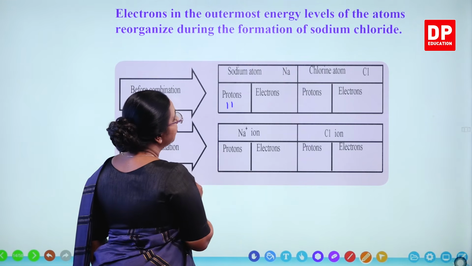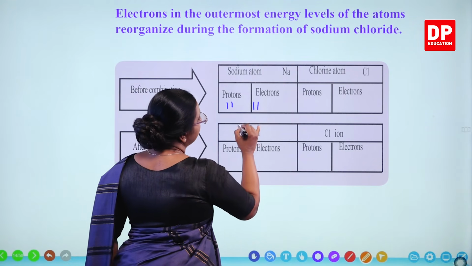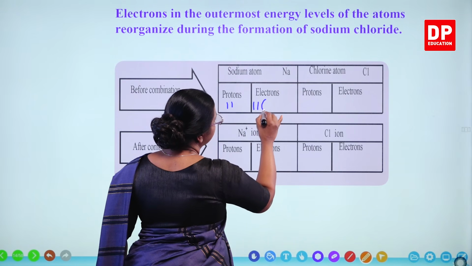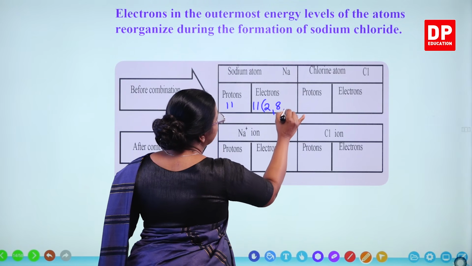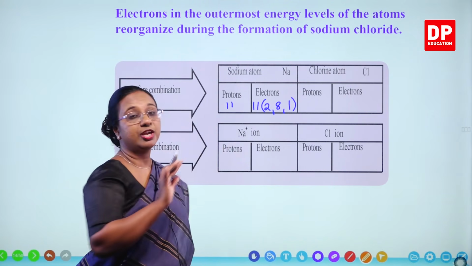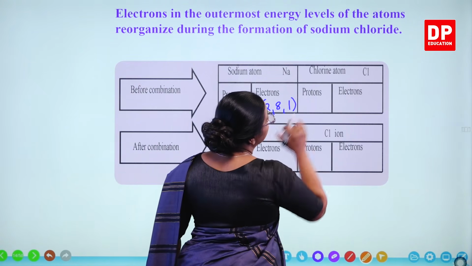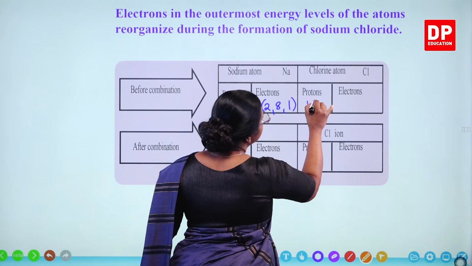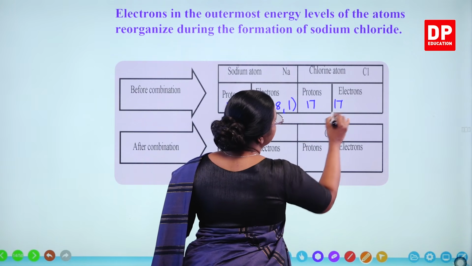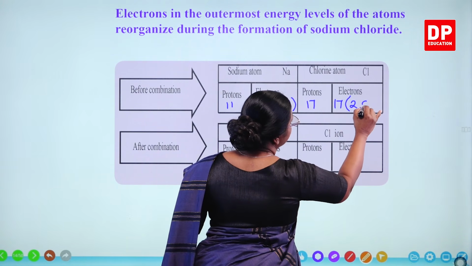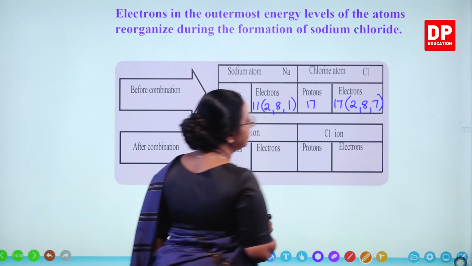There are 11 protons and 11 electrons having the electronic configuration 2, 8, 1. Again, this is to recall what we have already discussed. Then, chlorine atom has 17 protons and 17 electrons having the electronic configuration 2, 8, 7.